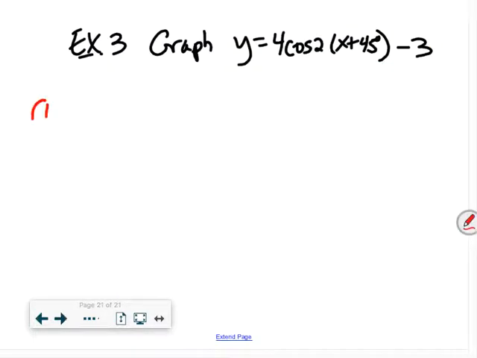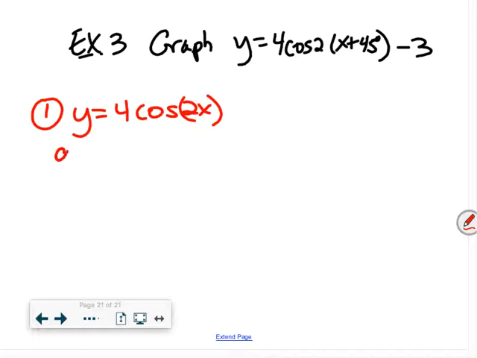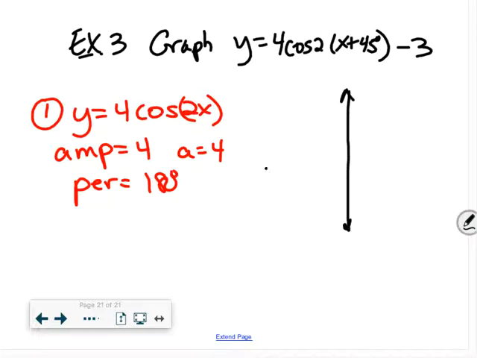Here we go. So step 1 is going to be y equals 4 cosine 2x. So the amplitude is 4 and A is 4. But what's the period length? 180. Okay, because you take 360 divided by the B value. If it's 180, that means I'm getting twice as many period lengths in a regular 360.